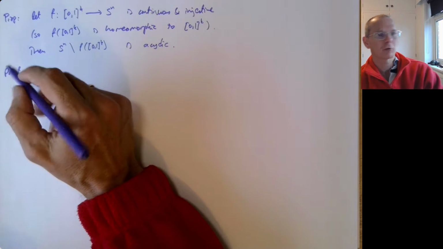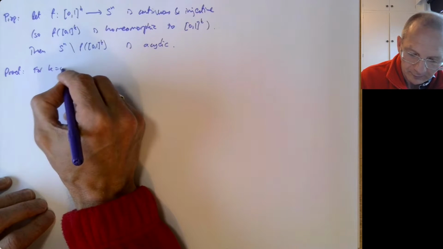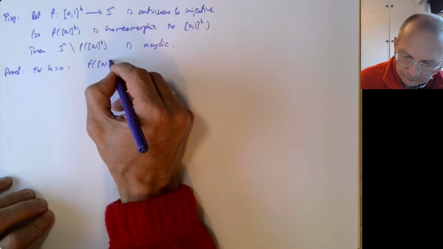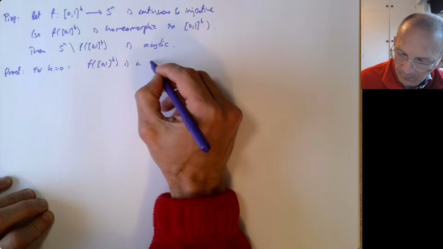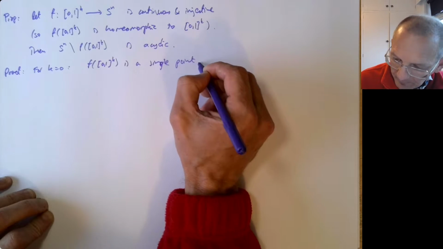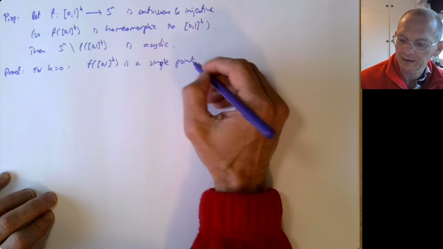So as we mentioned before, we're going to organize this inductively. We start in the case k equals 0, then the set that we're removing is just a single point.